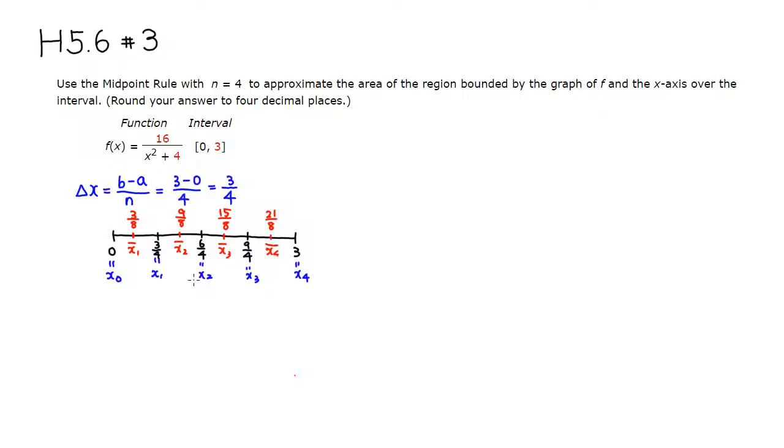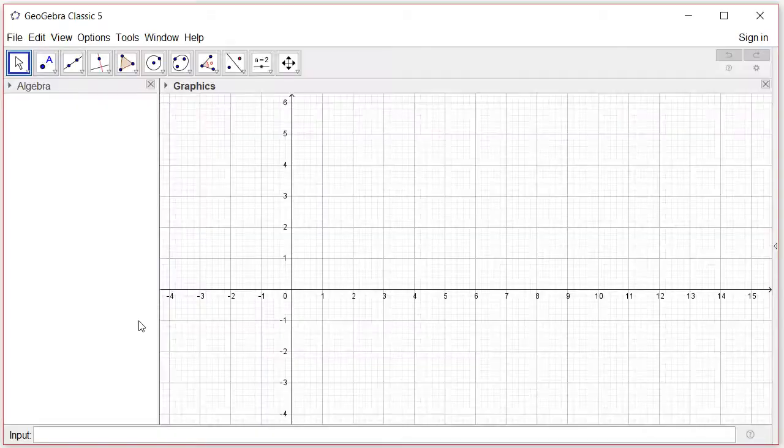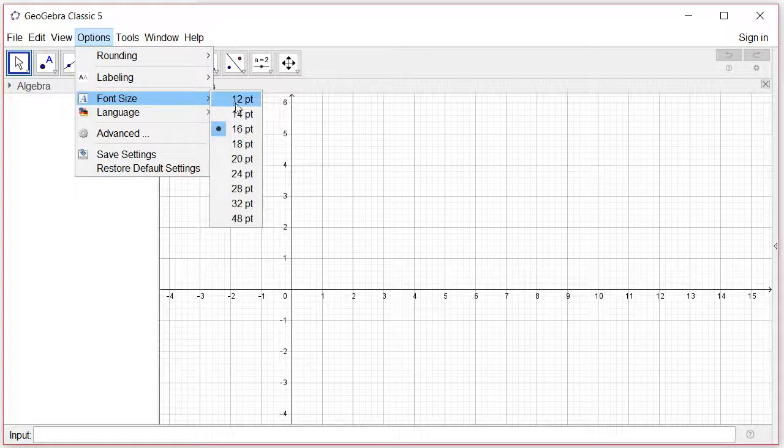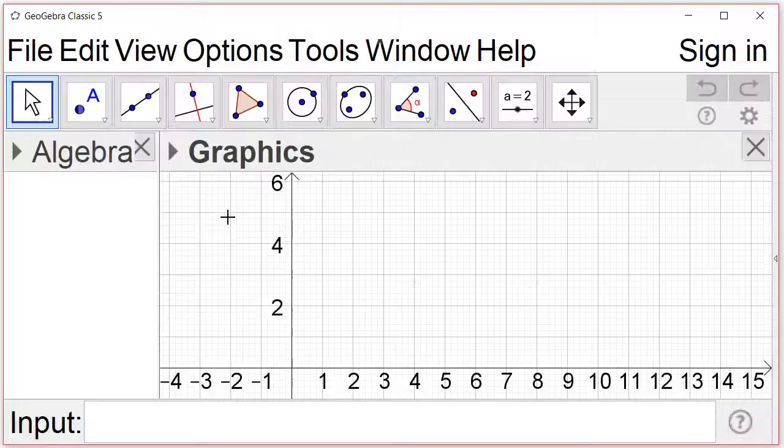Once you have that, we can use GeoGebra to find the midpoint sum. So let's open up GeoGebra. To make it easier to see, I'm going to increase the font size to the maximum.